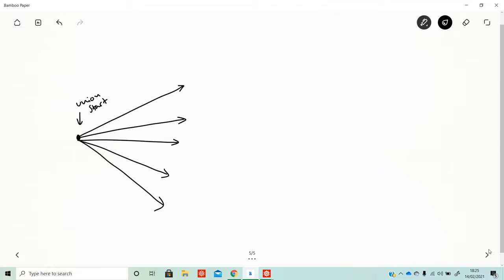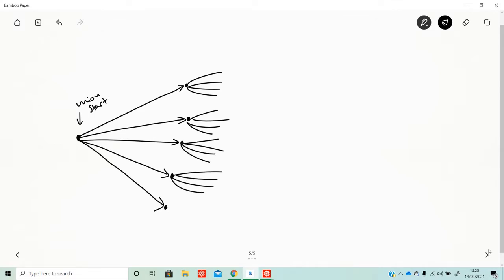So we've got a union start, and it leads to multiple input states. These input states then do multiple loops, so you'll have multiple loops coming off each one of these. For each of these loops, at the end, you work out the expectation value of the position, and that will give you the expectation change in velocity, essentially.